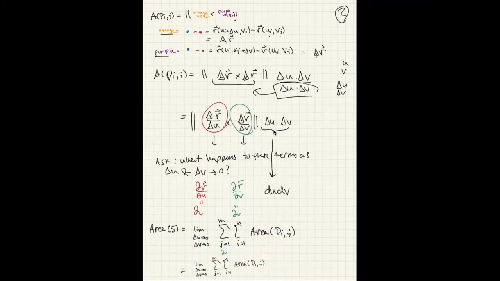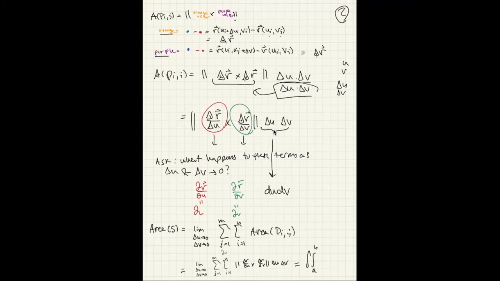Equals, now I'm going to erase that formula because we know what the area of that thing is. So I'm going to write down that this is the magnitude of delta r over delta u cross delta r over delta v, delta u delta v, and that limit is the double integral.